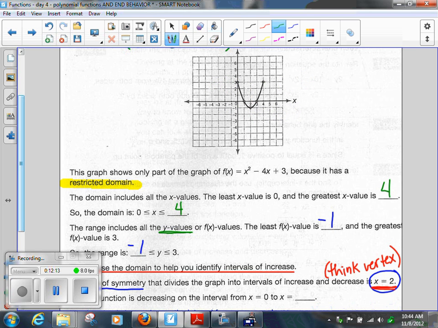I'm going to draw my axis of symmetry in there again. But my function is decreasing from 0 to what x value? What's the vertex, y'all? My x value in the vertex is 2. There's 2.